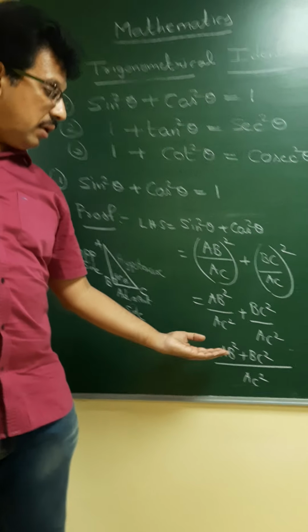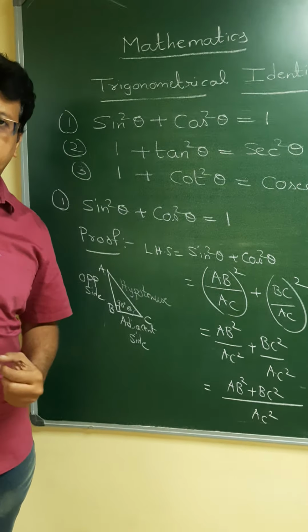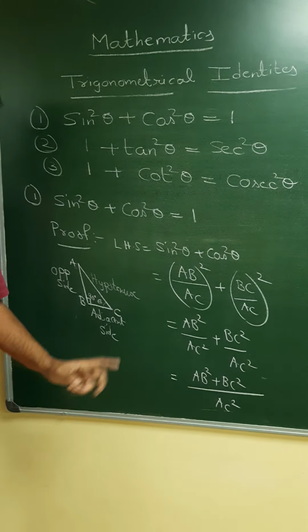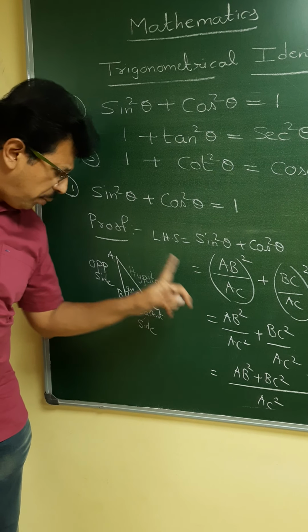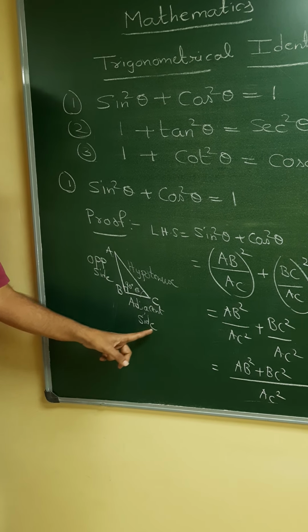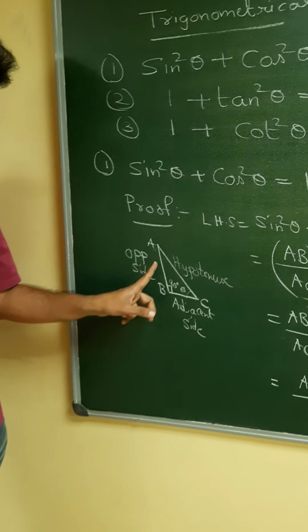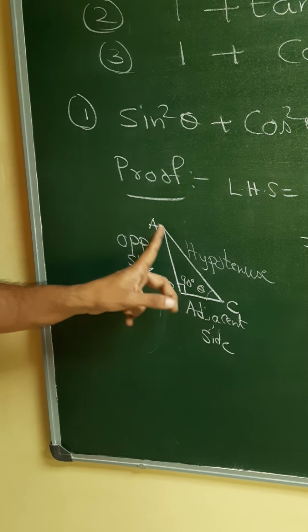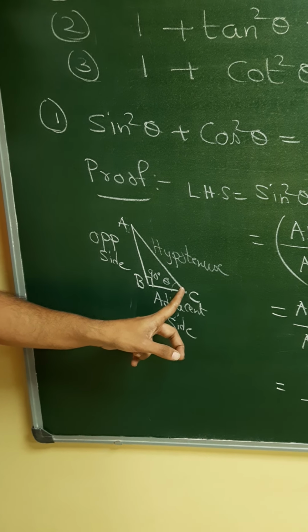After writing this, we have to come back for the next concept. What is this AB square plus BC square? You should go back to the diagram, the right angle triangle. If you observe, AB square plus BC square is AC square.